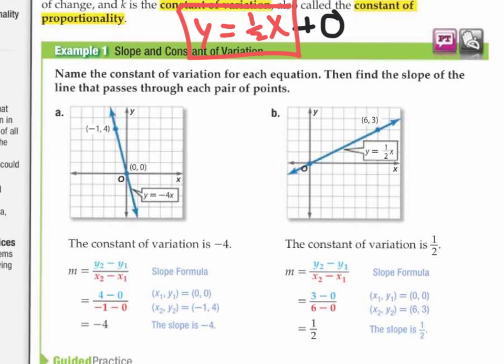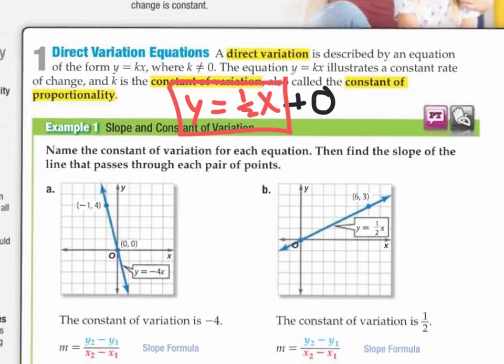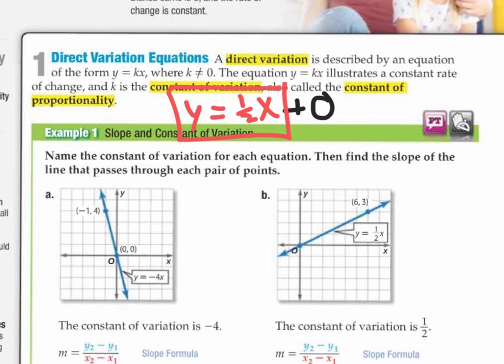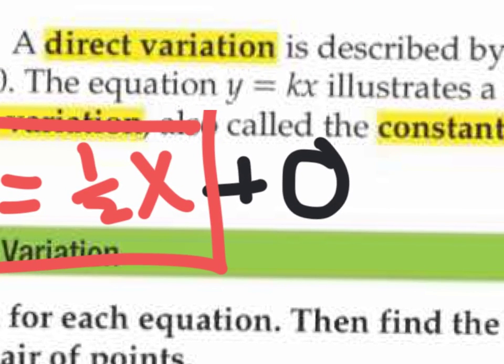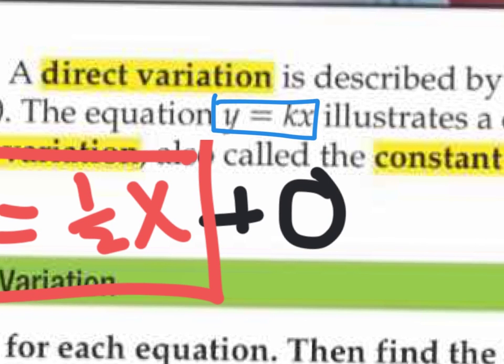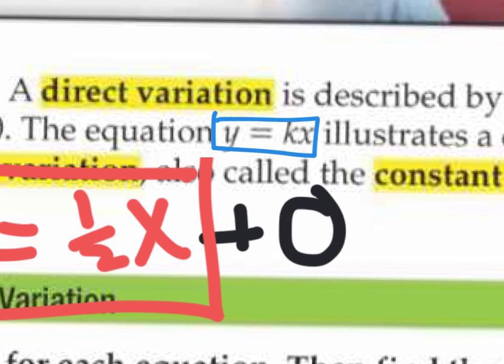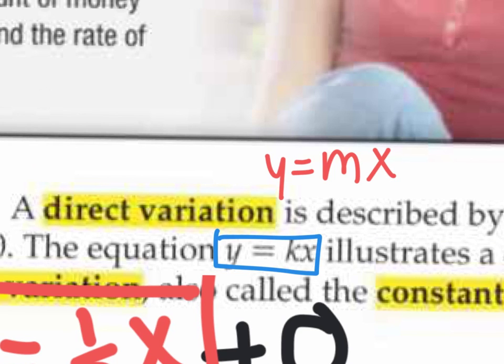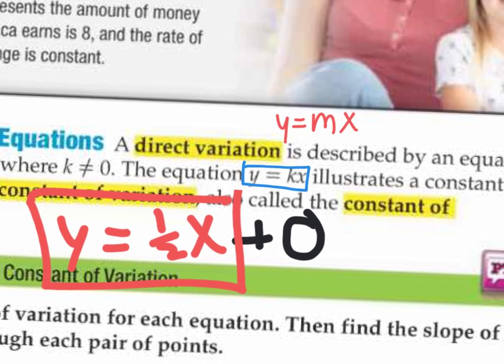Okay? So you know what? Even better than y equals kx, I think a better option would be y equals mx, because we know that m is slope. All right? So you might want to jot that down in your notebooks, that a direct variation equation is y equals mx.